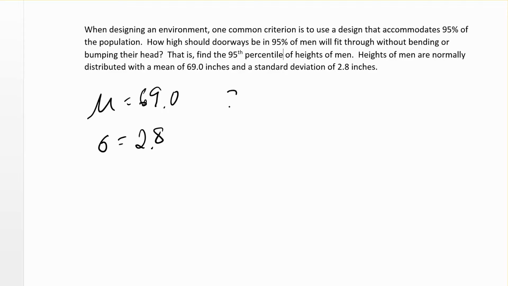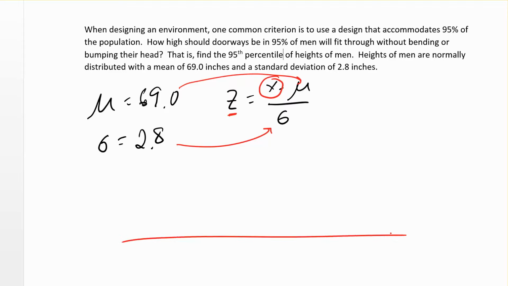Because remember, we've been using this formula, x minus mu divided by the standard deviation. And what we're wanting to find is that random variable x, the height of the doorway we should build. So we know mu already, and we know sigma. We need to get this z-score so that we can solve for x.